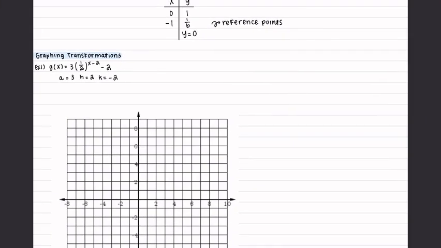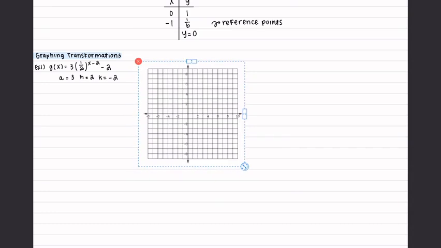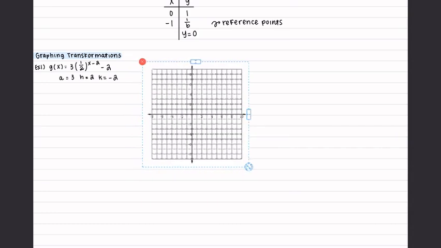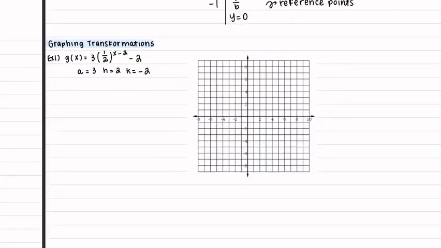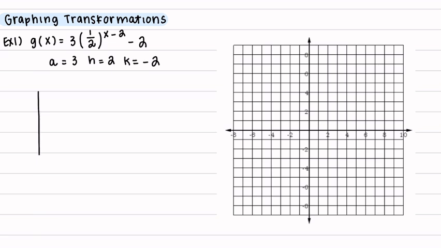So I'm ready to go ahead and make my tables. I'll start off with my parent function table. I know this is decay, and the base is 1/2, so my points are 0, 1, -1, 2, and then my horizontal asymptote at y equals 0.